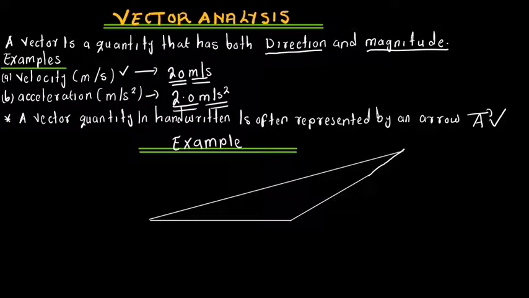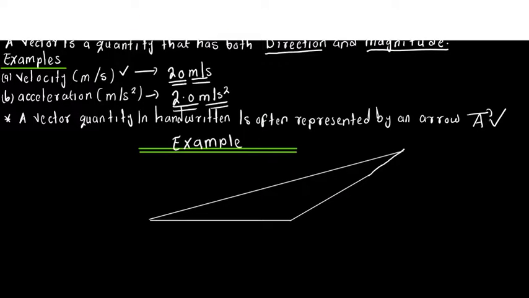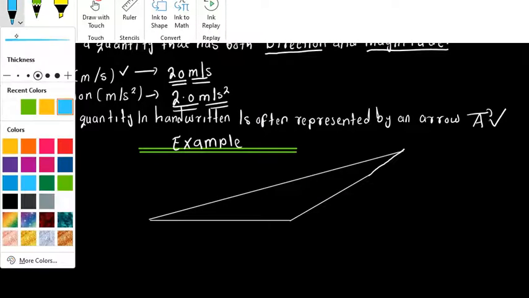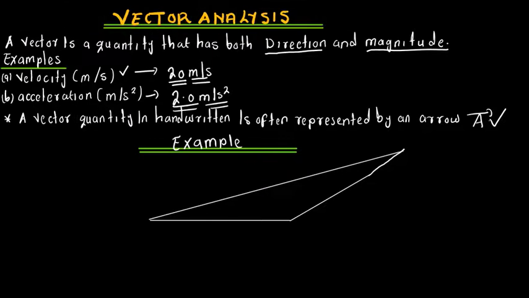So the arrow on top simply tells you where the vector is moving, and it's very important to highlight that. A very good example is this particular diagram. For example, let me just use another pen. All right, let's say that what we have here is simply A as a vector, and what we have here is simply B also as a vector.